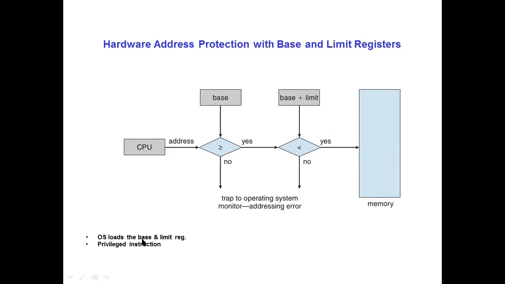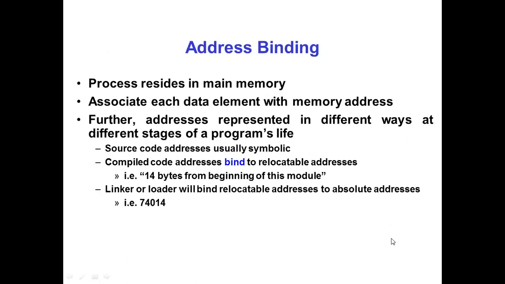The operating system loads the base and limit registers, so your program will go in the base and limit registers. This is a privileged instruction, so we have some rights. Whenever the operating system loads the base and limit registers, we get the complete logical address here. So it has connectivity with this memory again. After the CPU, we proceed towards this memory.